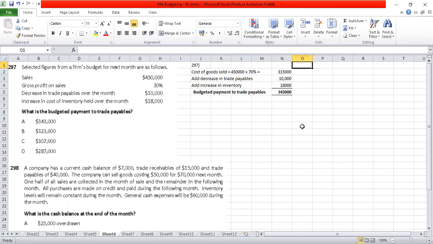So sales is 100%, gross profit is 30%, and cost of goods sold is 70%, because the equation says that cost of goods sold is sales minus gross profit.